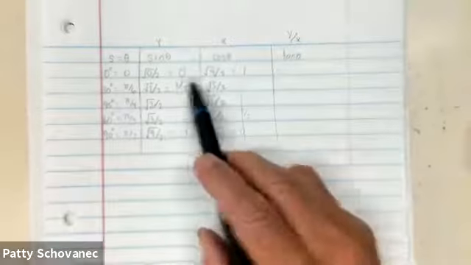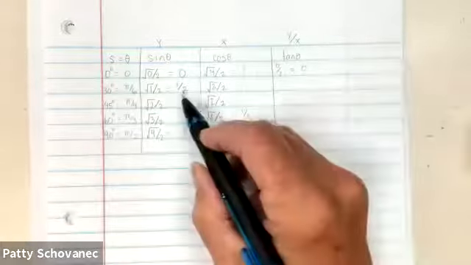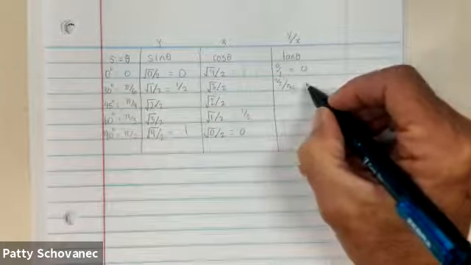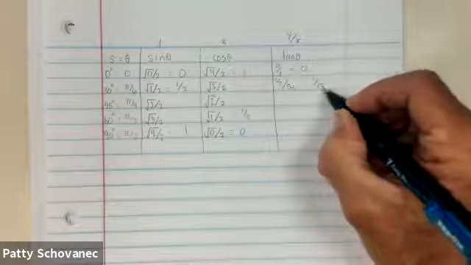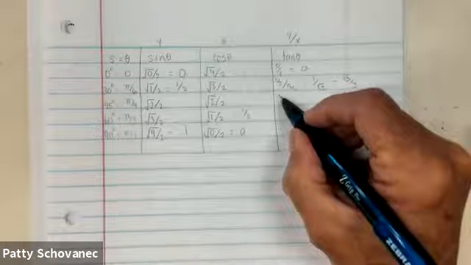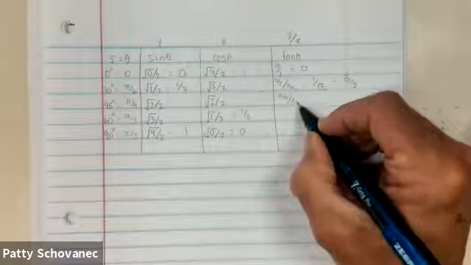Then the tangent is the y divided by x, so 0 divided by 1 is 0. 1/2 divided by square root of 3 over 2 is 1 over the square root of 3, or square root of 3 over 3. The square root of 2 over 2 divided by the square root of 2 over 2 is just 1.